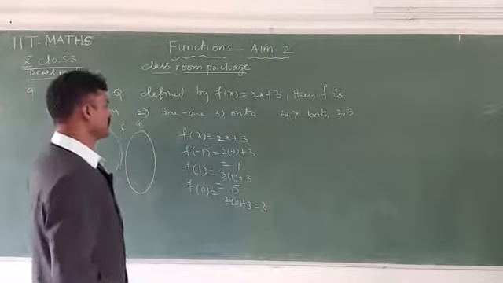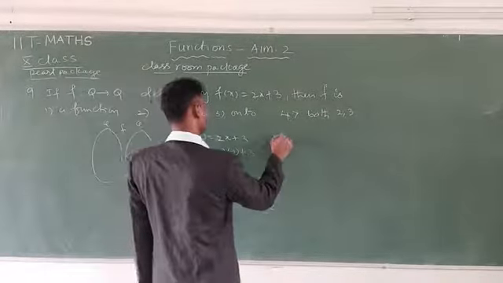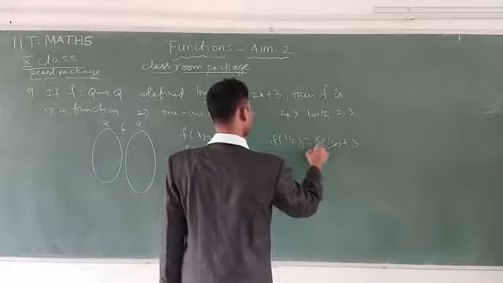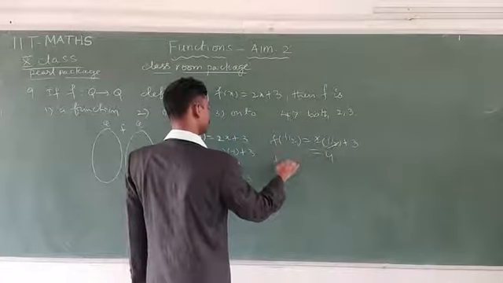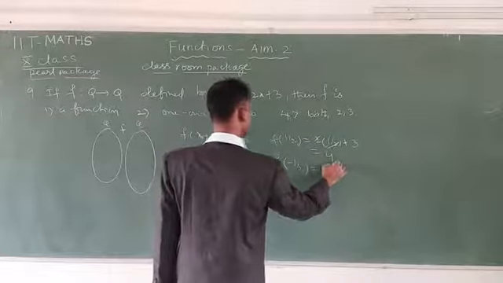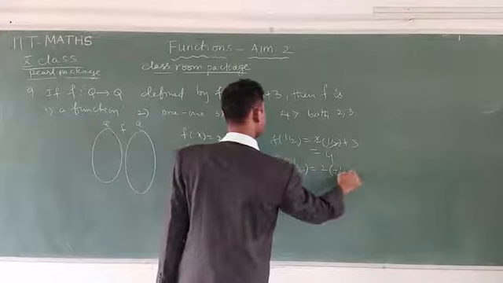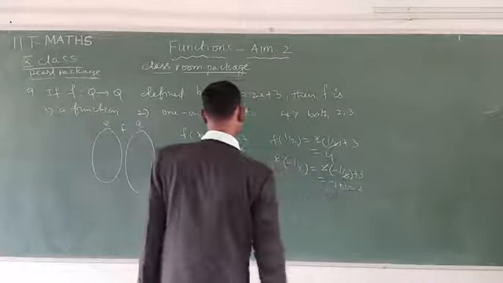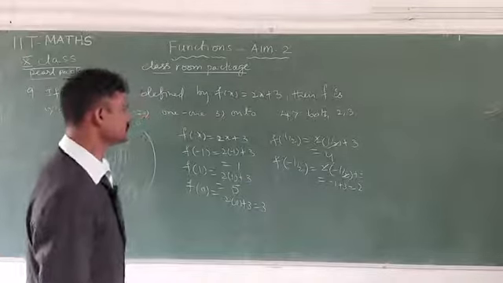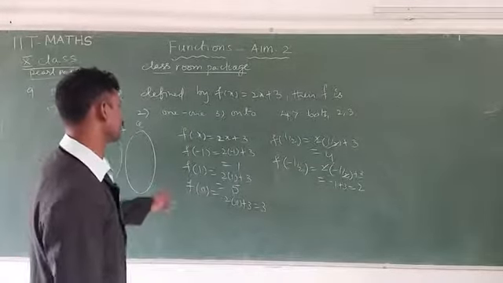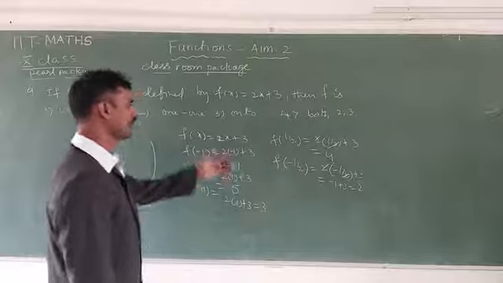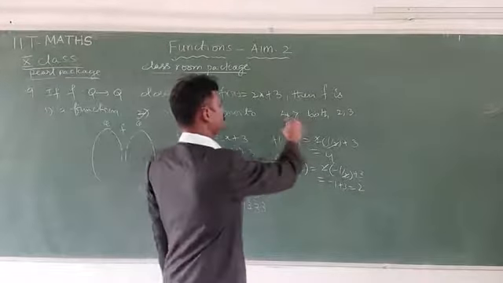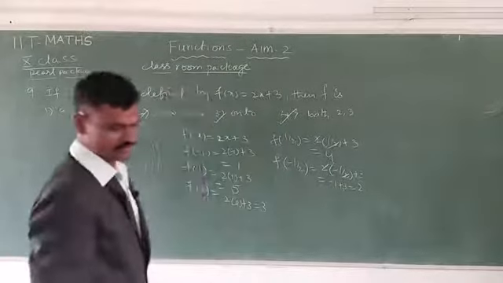F of 1 by 2 is 2 into 1 by 2 plus 3, the 2s cancel, 4, and f of minus 1 by 2 is 2 into minus 1 by 2 plus 3, the 2s cancel, minus 1 plus 3 is equal to 2. Here different elements have different images, that's why this is one-one and at the same time onto also, both possible, so options 2 and 3 are both possible.